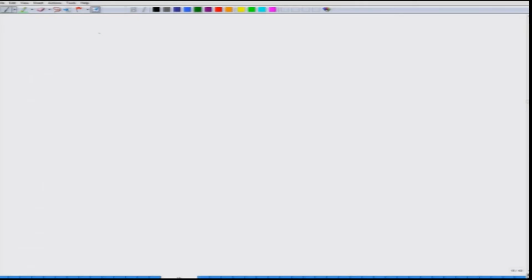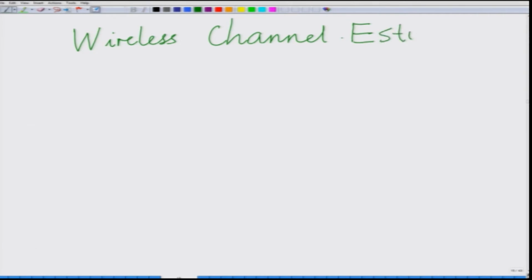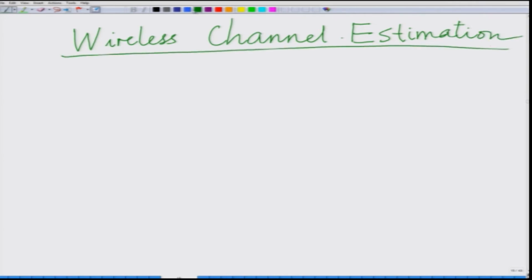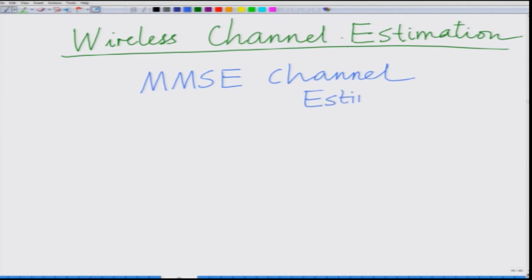So today we would like to look at wireless channel estimation, or more specifically an application of MMSE, which stands for minimum mean squared error, channel estimation.